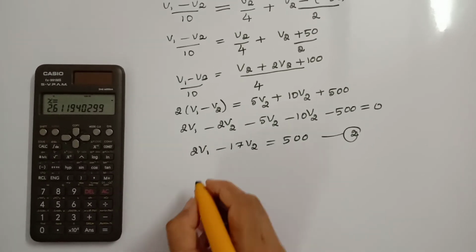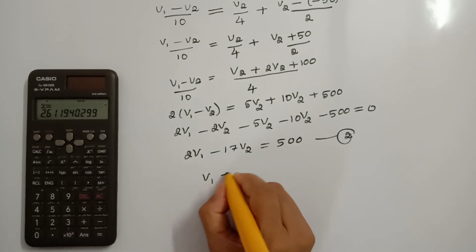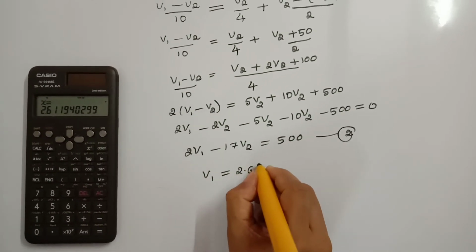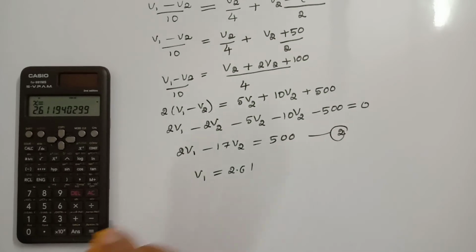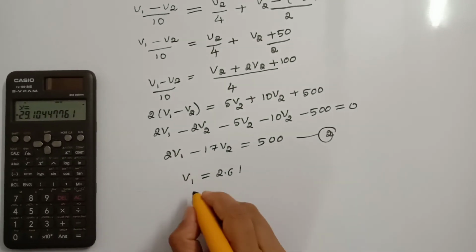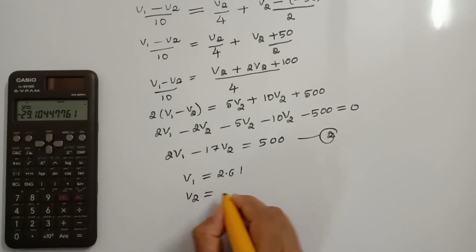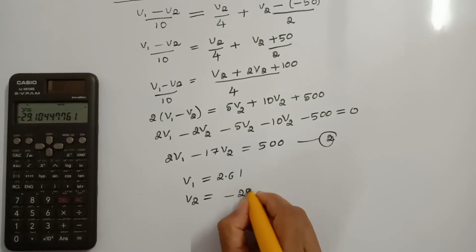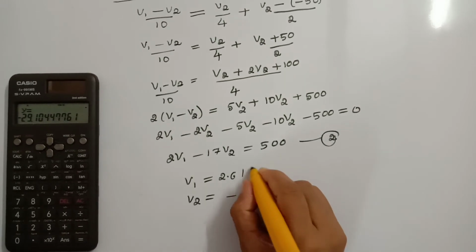So V1 value we got 2.61 and V2 value we got minus 29.1 volt.